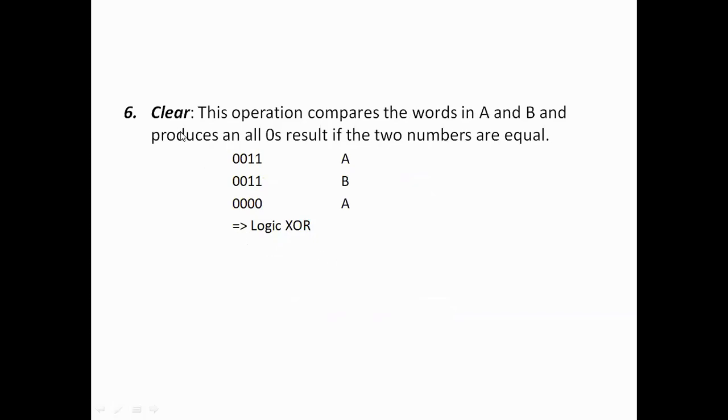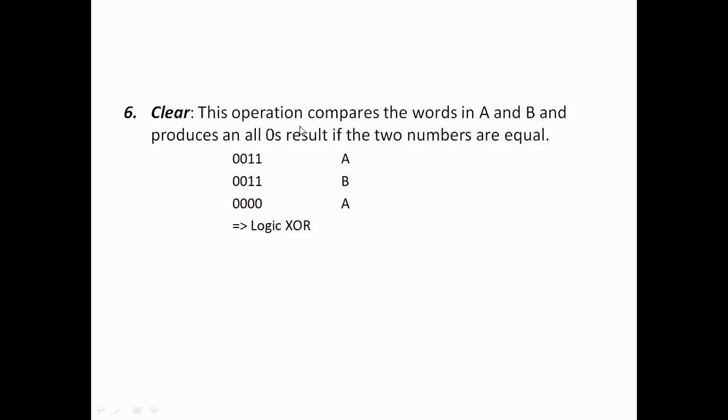And the 6th operation is clear. So what is the clear operation? This operation compares 2 words in A and B, and it will be helpful in checking whether the contents of the 2 registers are same or not. If the contents of A and B are exactly the same, it will produce an all 0 result.